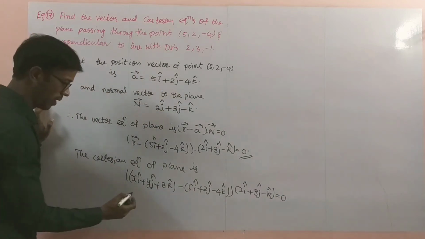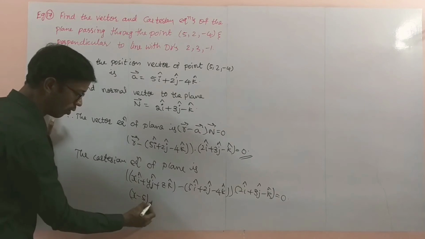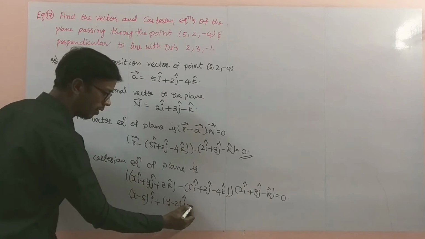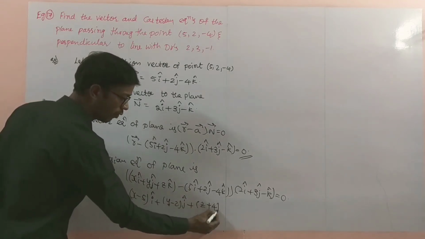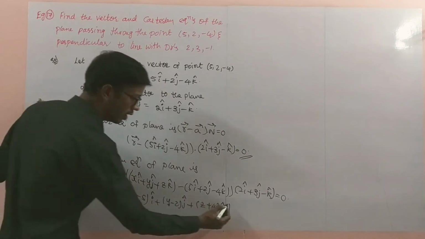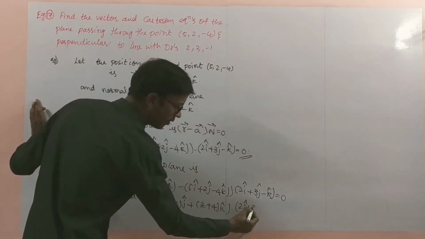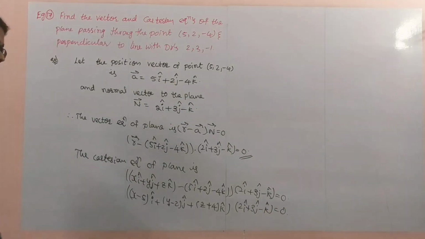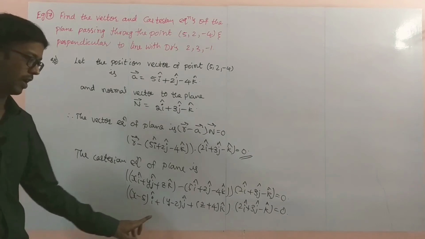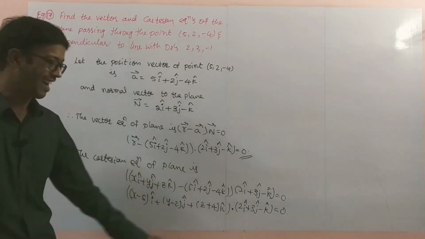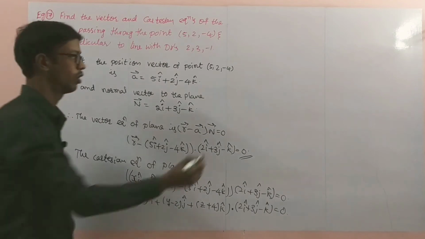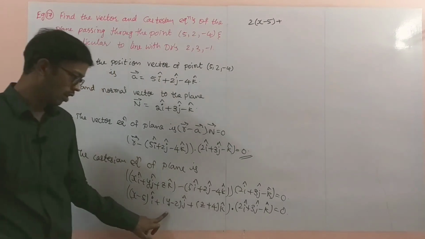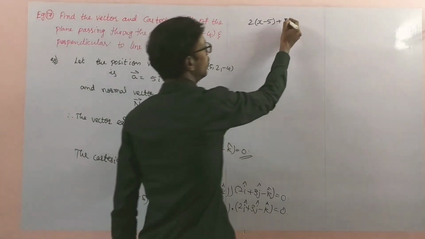So now make the subtraction here: (x minus 5) I cap, (y minus 2) J cap, (z plus 4) K cap, dot product with 2 I cap plus 3 J cap minus K cap equal to 0. So now multiplication you have to make. Dot product means corresponding elements multiplication. So 2 into (x minus 5) plus 3 into (y minus 2).